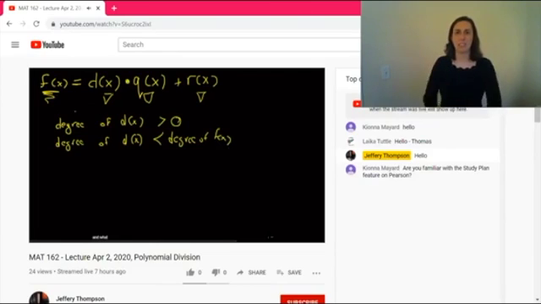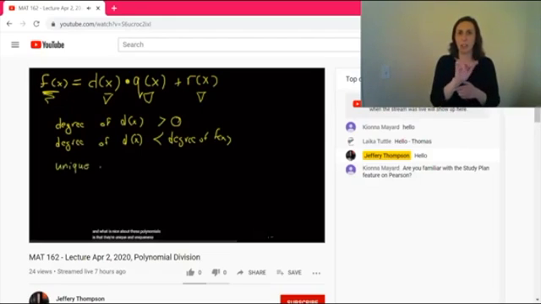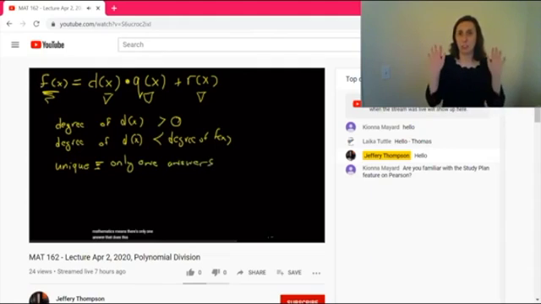And what is nice about these polynomials is that they're unique. And uniqueness in mathematics means there's only one answer that does this. And so everything we do in division lets us build these.